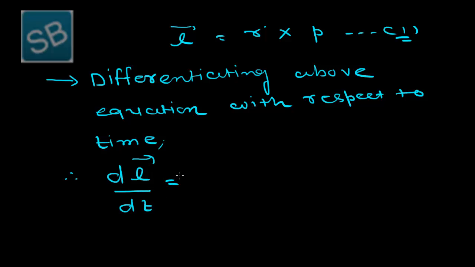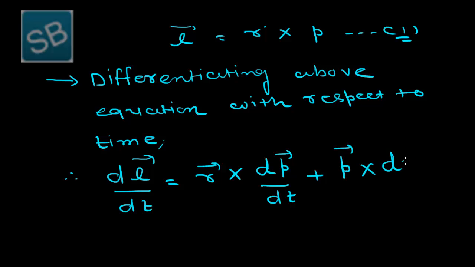Now, as you know, the relation for differentiation of a product: one quantity is kept constant, which is r, into the differentiation of the remaining quantity, plus now the other quantity will be constant, that means vector p, and the differentiation of the remaining one, that means dr by dt.